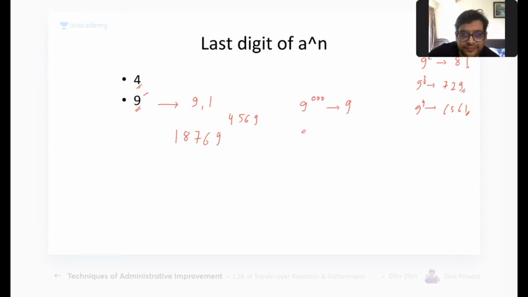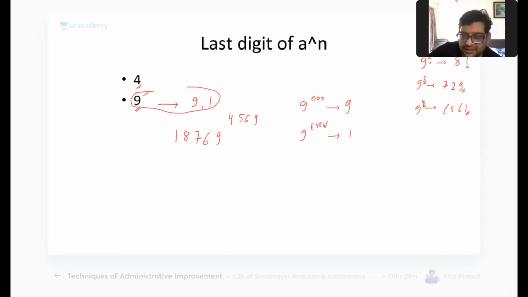And if 9 is raised to an even power, then it will end in 1. As you can see, 9 squared is 81, so it ends in 1. Power 4 also ends in 1. So that's the case for 9.